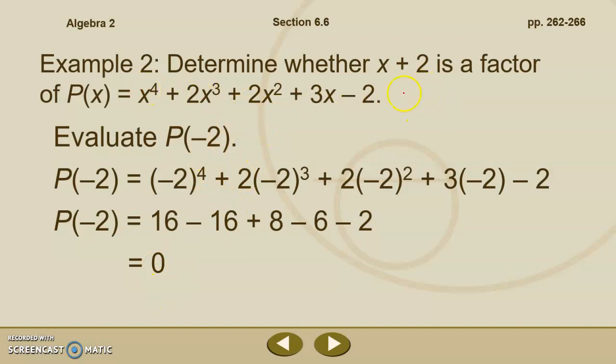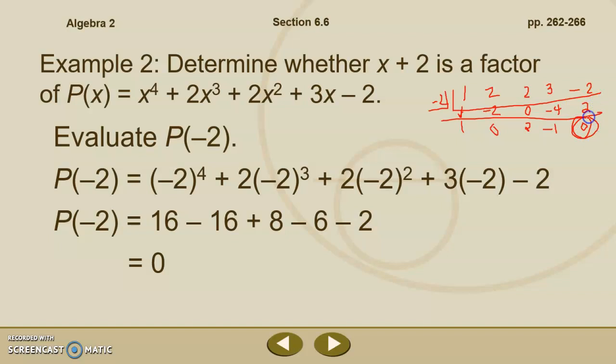If we're going to do synthetic division, we've got our 4th term, our 3rd term, our 2nd term, our linear term, our constant, and we are going to divide it by negative 2. Bring down, 1 times negative 2 is negative 2, add, 0 times negative 2 is 0, add, negative 2 times 2 is negative 4, add, and negative 2 times negative 1 is 2, add.